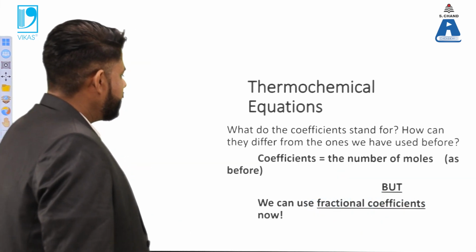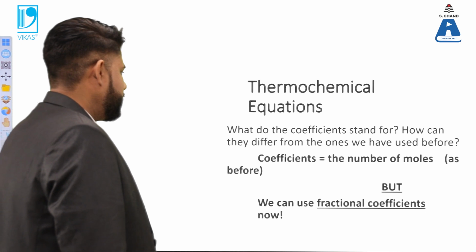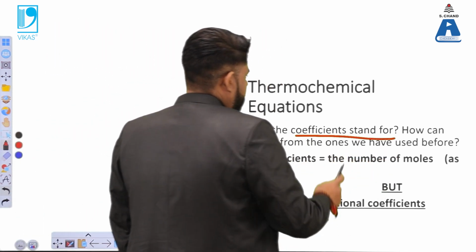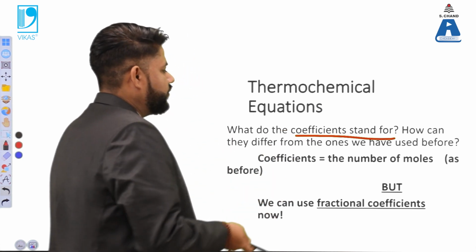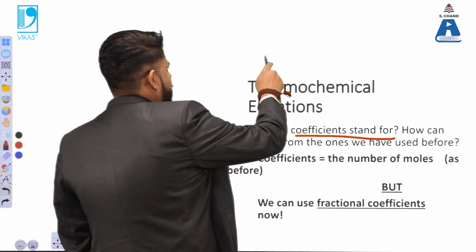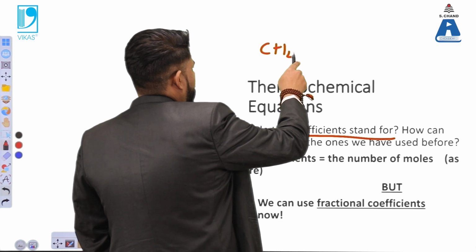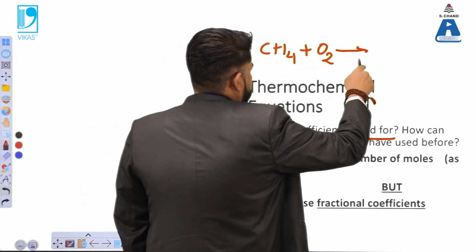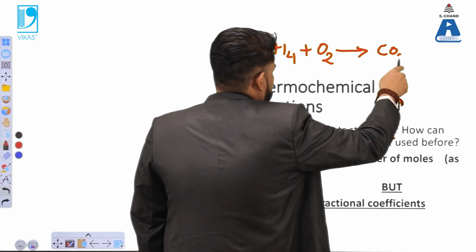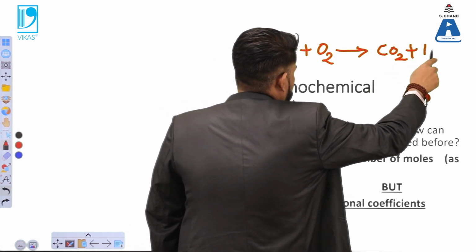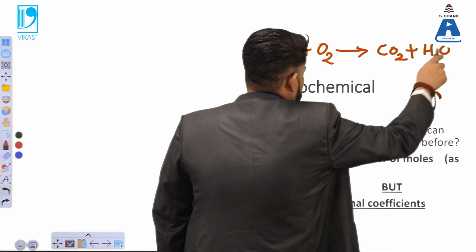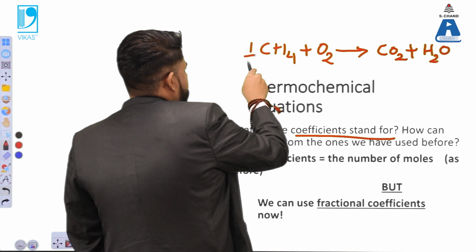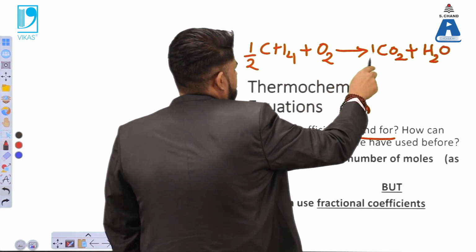Now, we have thermochemical equations, and in thermochemical equations we have coefficients. What do those coefficients stand for? Let us say we had this equation in which methane reacts with oxygen to form carbon dioxide and water, with a half quantity lying there.